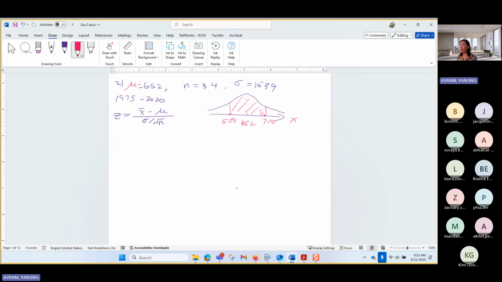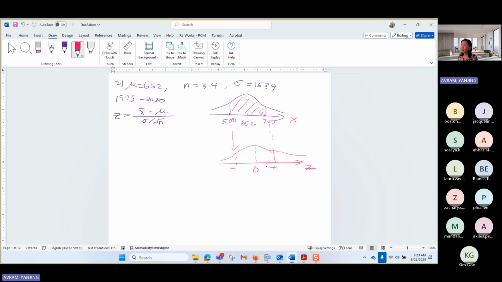This area in here. So if I convert this X value into G-score, right? So my G here in the middle is 0, and then let's see how much is 500 corresponding to G-score. Okay, this will be negative. This one on the right-hand side will be positive, right?